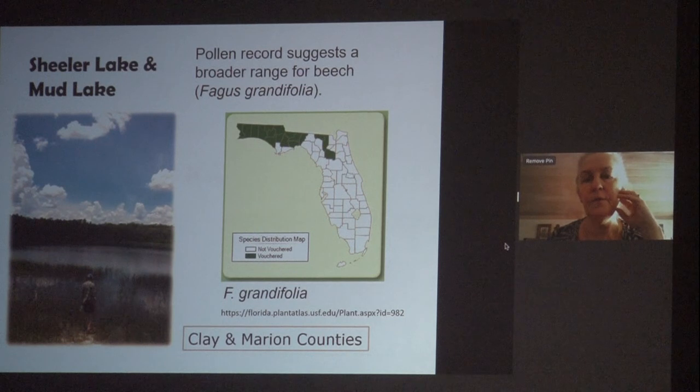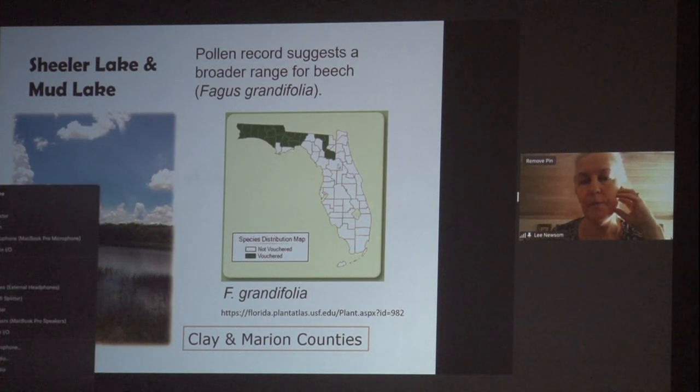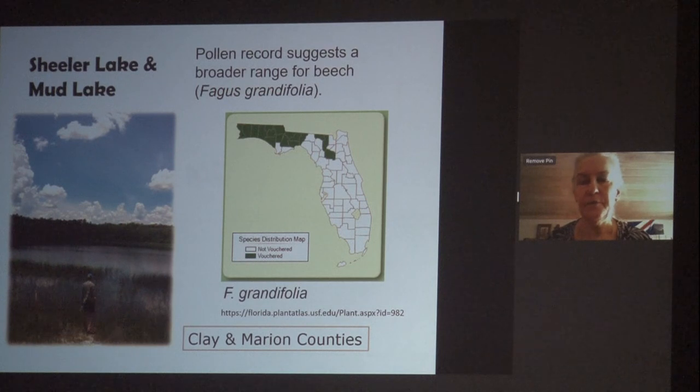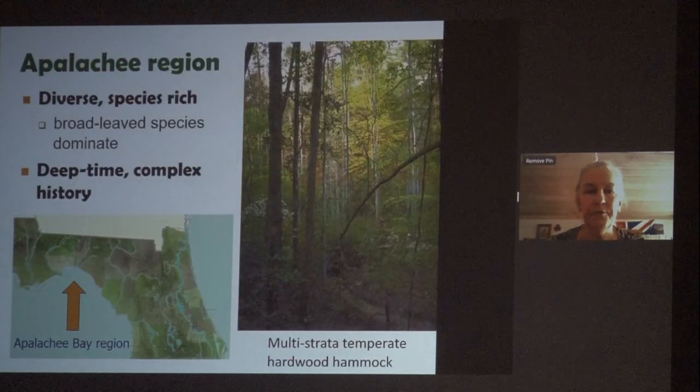We know that genus from its modern range, but also from Clay County and Marion County, from two sediment core records analyzed by Bill Watts. So again, a broader geographic extent due to differing conditions in the Pleistocene, allowing for shifts south of otherwise very northerly components of the vegetation.